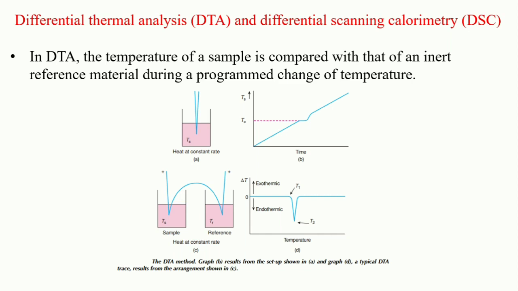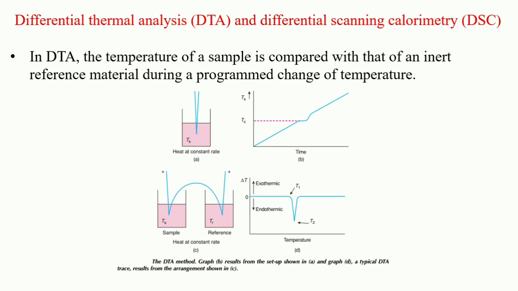The temperature should be the same until some thermal event such as melting, decomposition, or change in crystal structure occurs, in which case the sample temperature either lags behind or leads the reference temperature. If it lags behind, the change is endothermic, while if it leads, the change is exothermic.